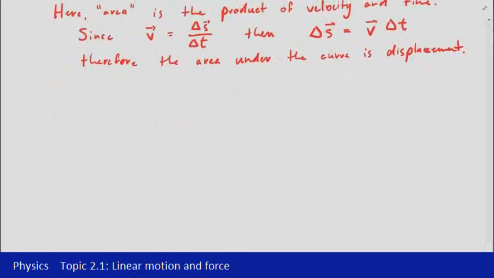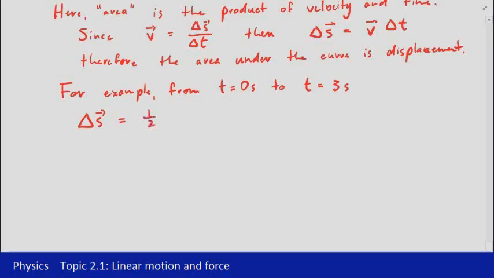So if we do that, for example, from t equals 0 seconds to t equals 3 seconds, we would say that the change in displacement, I'm just going to do the calculations there. The first section was a triangle that had a base of 2 seconds and a height of 2 meters per second, and the second section was a rectangle that had a base of 1 second and a height of 2 meters per second.